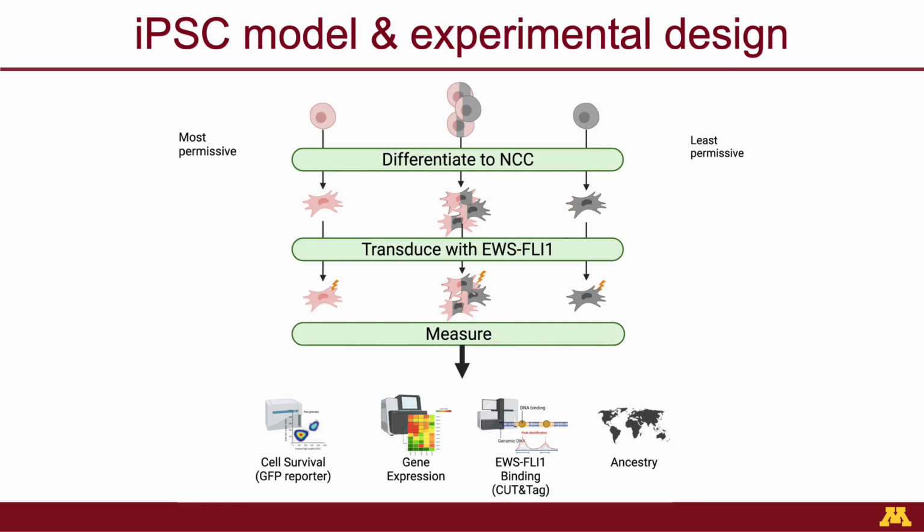To build a model that includes all aspects of permissive genetics, we obtained several iPSC lines from donors with varying ancestry from 100% European to 100% African. In order to create the permissive cell state, we differentiate to neural crest cells. We next add the EWS-FLI1 oncoprotein, which is transduced with a lentiviral expressing either a GFP reporter for control or a GFP with EWS-FLI1 in the cassette.